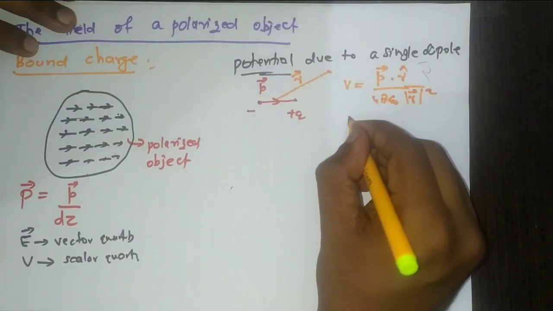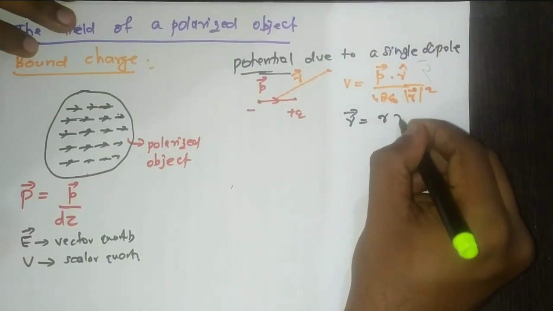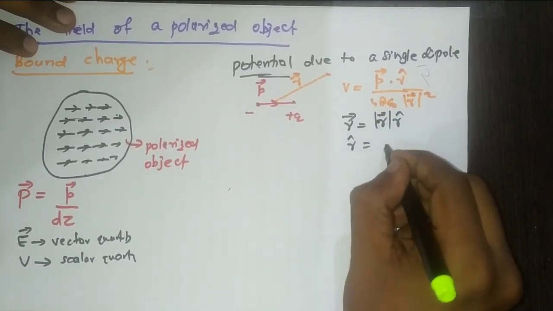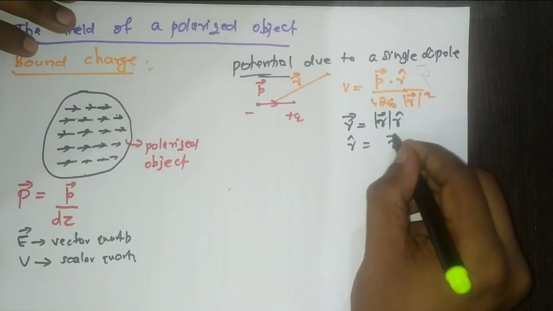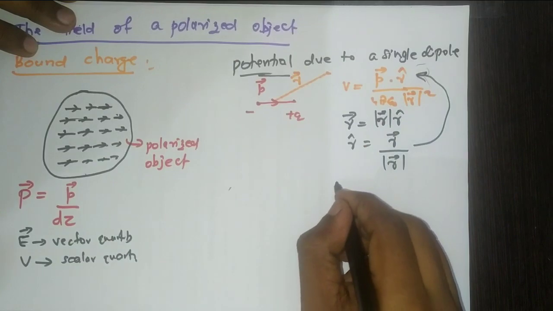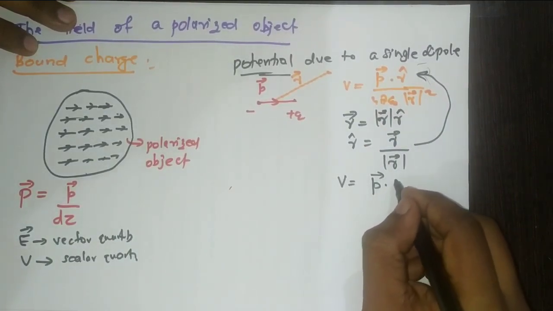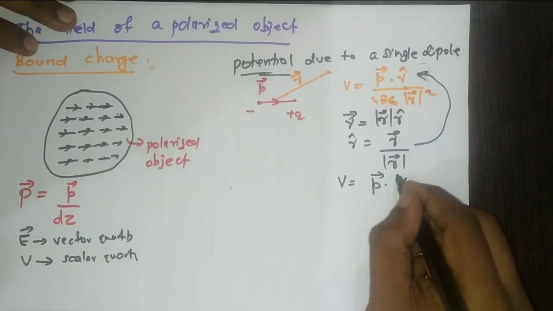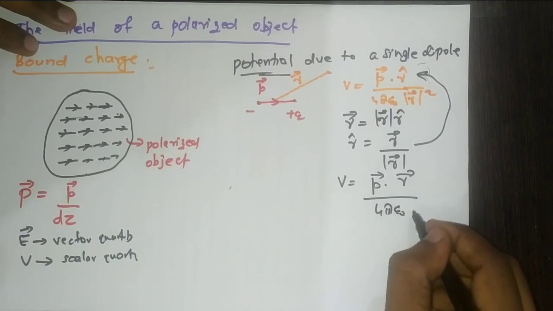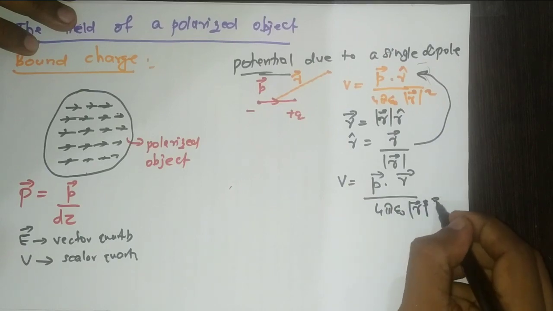Or you can modify the equation, like r cap is equal to r divided by modulus r. If I substitute it here, V is equal to p dot r divided by 4 pi epsilon 0, modulus r cube.